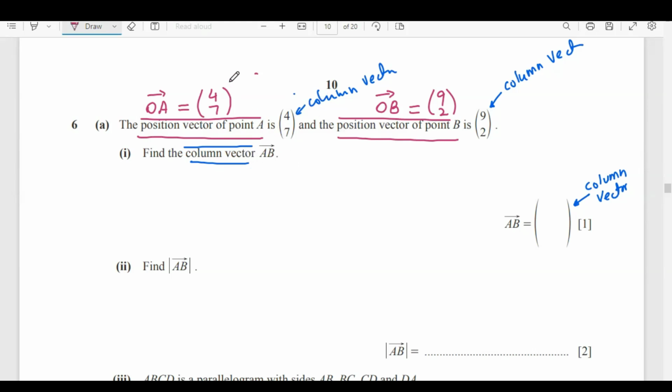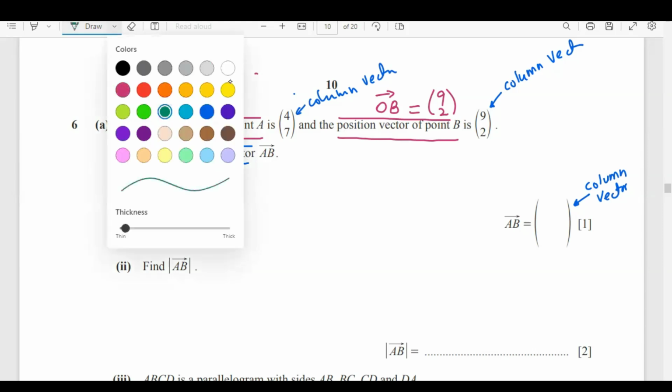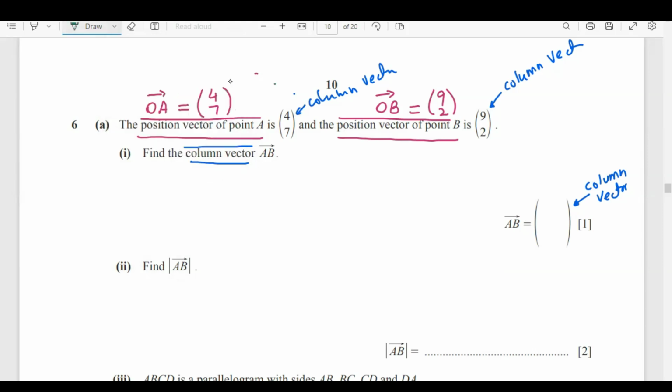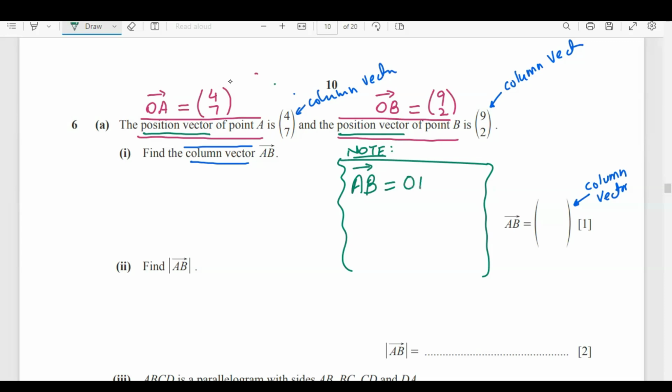Vector AB formula. To find vector AB, when the question gives a position vector, keyword, coordinate or origin, we have to use a formula. There is a note here: if we have to find AB, we have to write OB minus OA.